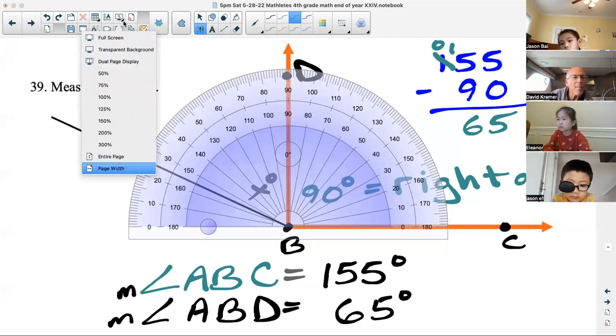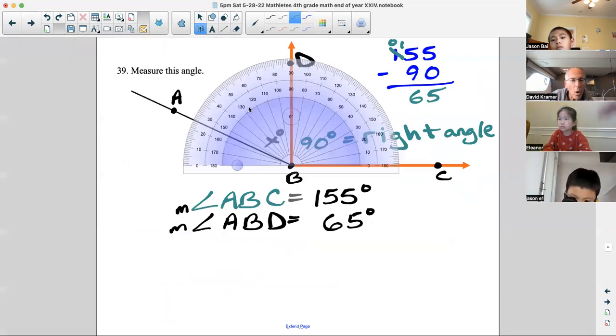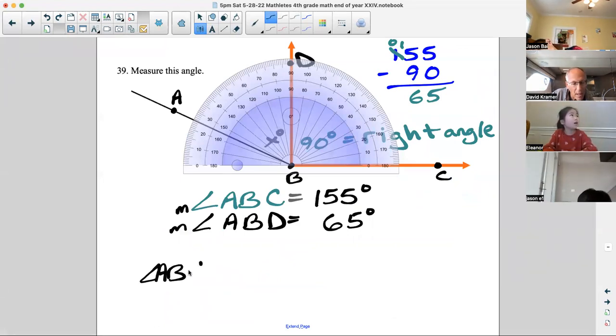Now, does anybody know what we call angle ABC? So angle ABC is called, are you ready for this crazy word? Go ahead, Eleanor. I don't know how to do it.